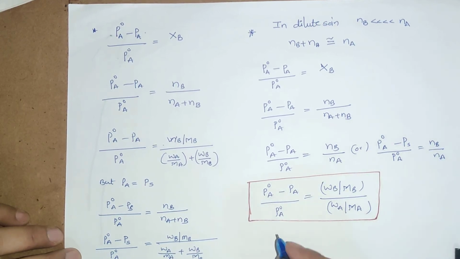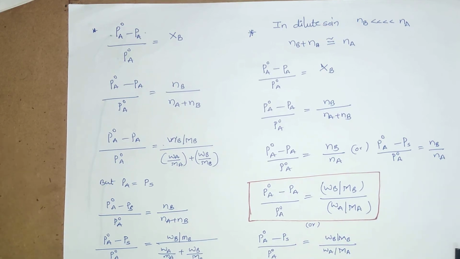So this formula may also be written as (P naught A minus Ps) by P naught A is equal to Wb by Mb by Wa by Ma. These are the formulas useful to calculate the molar mass of a solute.